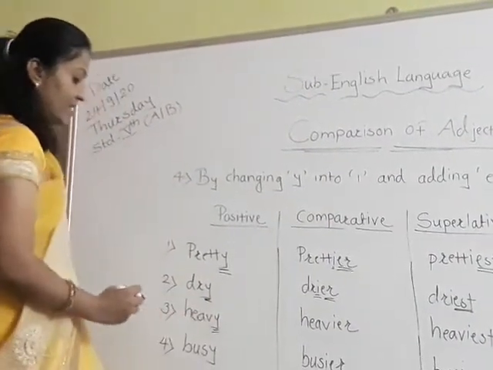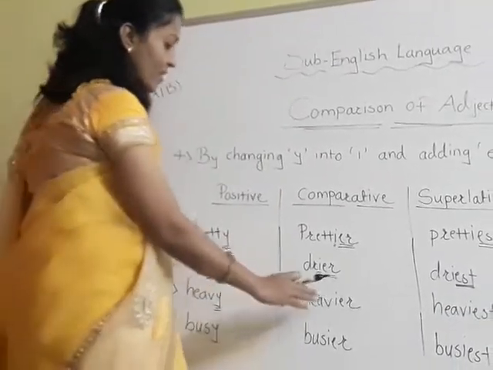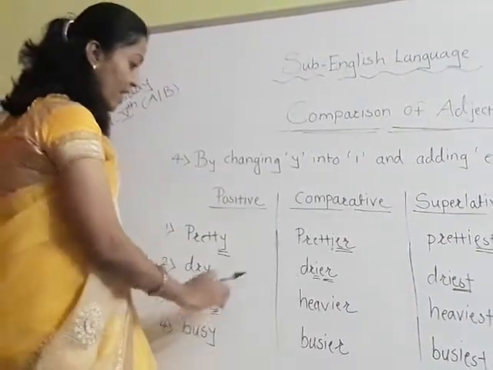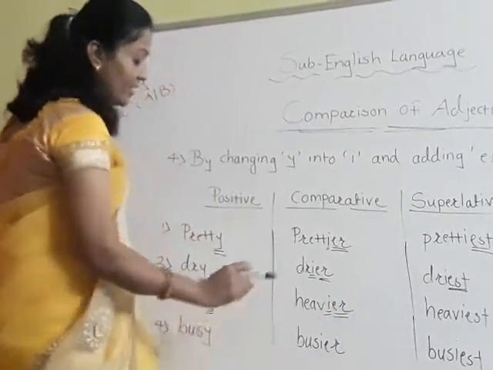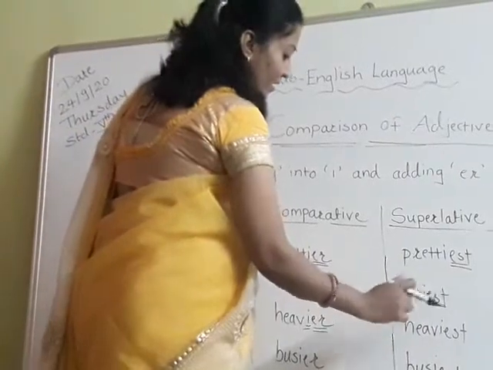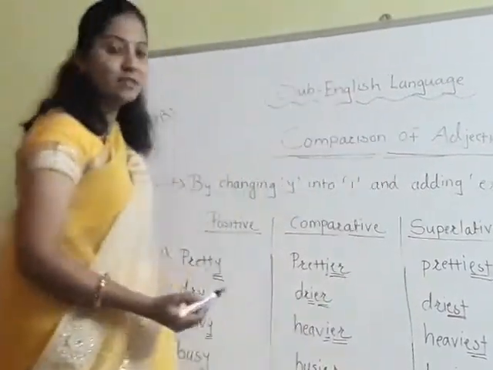The spelling ends in y, and when making the comparative degree, this y turns into i, and we add er to that word. It becomes heavier, and in superlative degree we add est and it becomes heaviest.